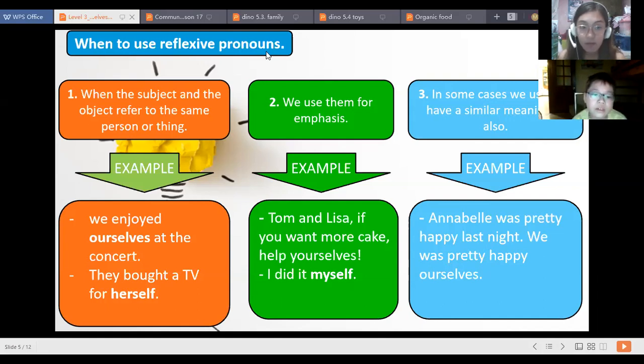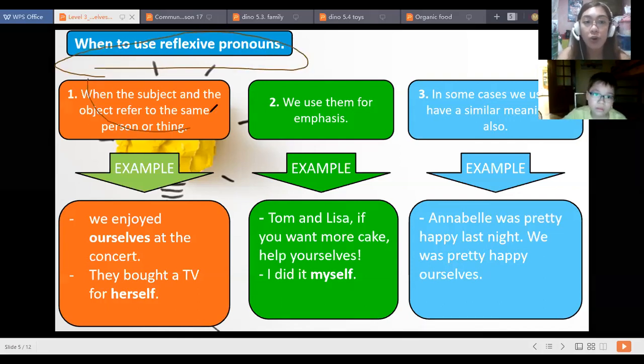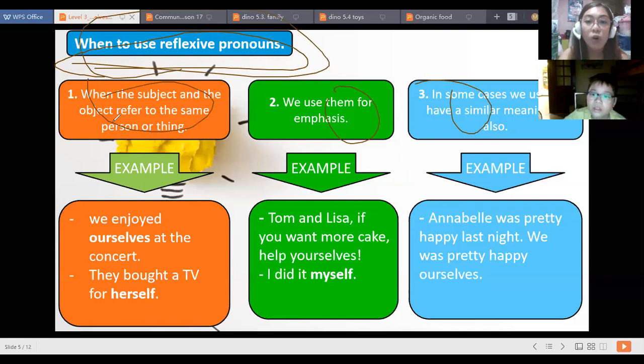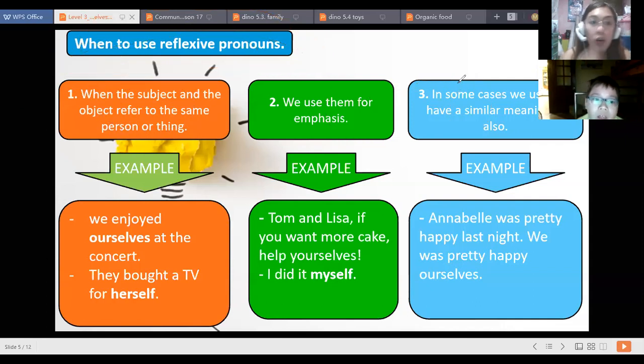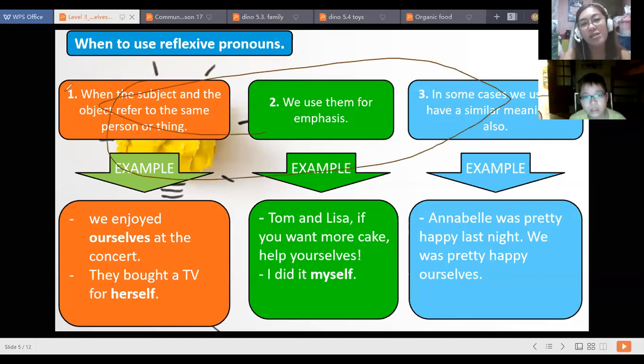No, read first. Wait for a while. Don't read number one yet. Read first the title, so that you will know what this is. So yes, when to use the reflexive pronoun.